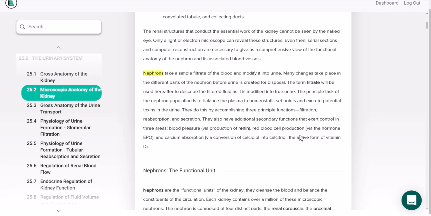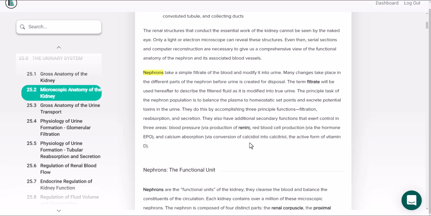Recall that vitamin D is necessary for calcium absorption into the digestive system. And then finally, there is a hormone called renin. You'll also hear it called rennin. And this hormone is helping to regulate your blood pressure. We will not be discussing the details of renin or of the vitamin D synthesis.